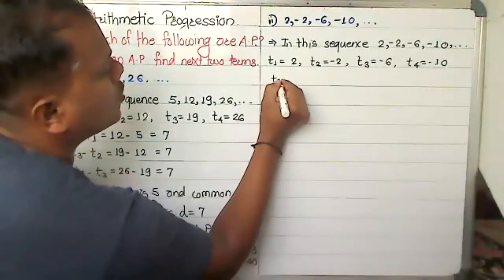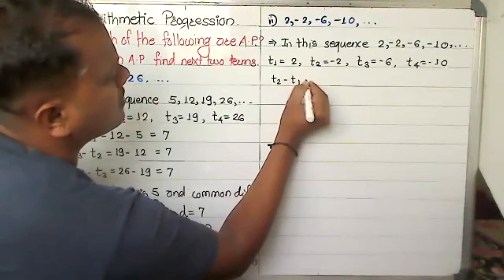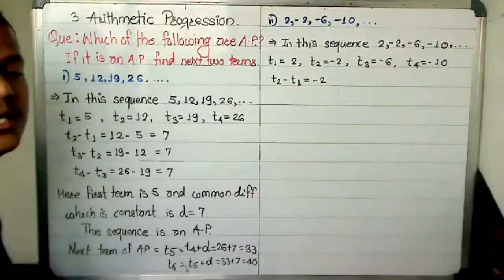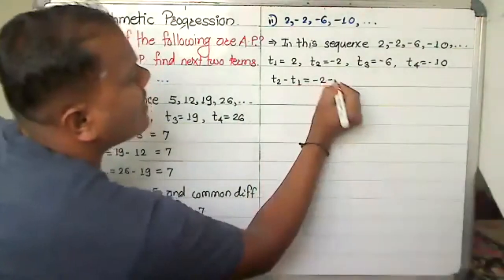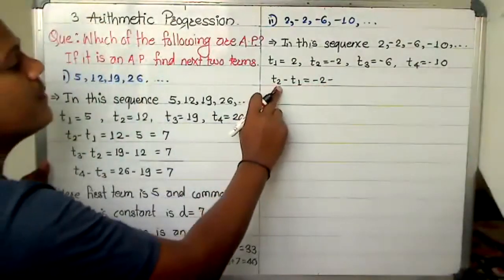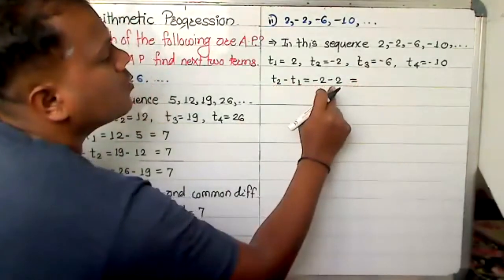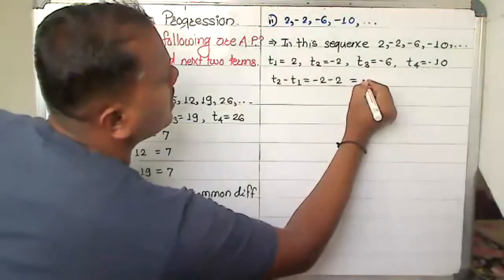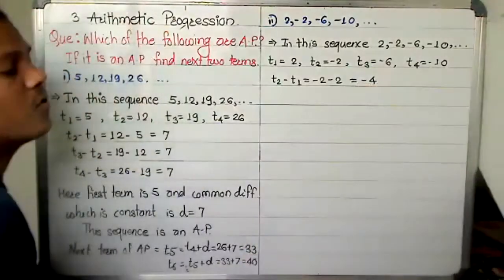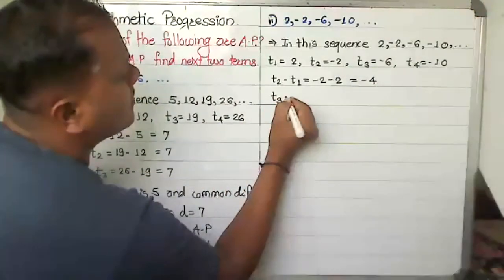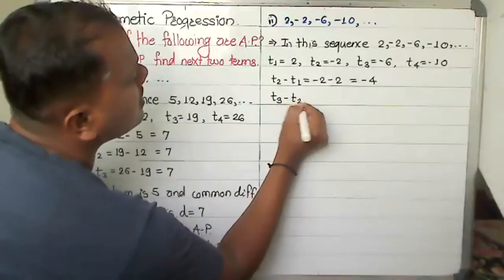T2 minus T1: the value of T2 is minus 2, minus the value of T1, which is 2, so minus 2 minus 2 is minus 4.